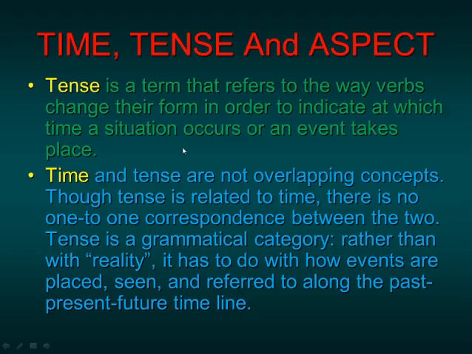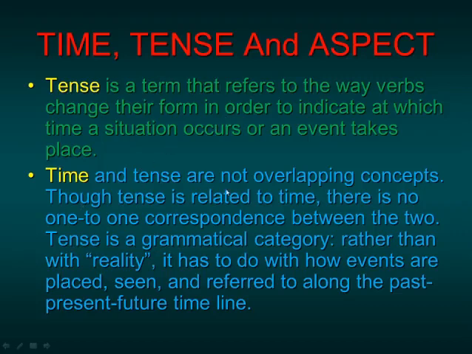So in order to indicate that change, the verb will vary its shape. So a verb's duty is to change its shape in order to indicate a time or situation. So that is tense.